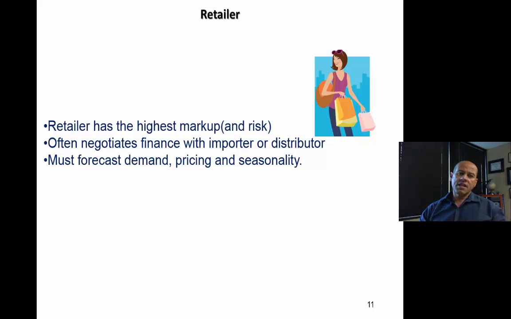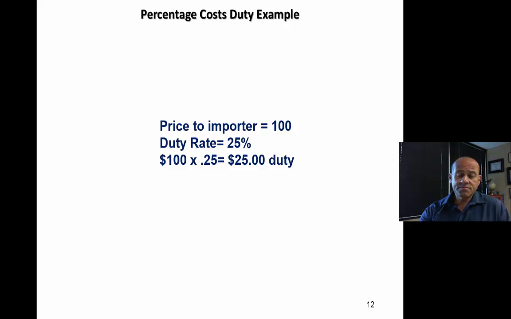So now let's look at a couple critical calculations that you have to get familiar with in order to calculate an accurate landed cost. And the first one is a simple percentage. Whenever you're doing a landed cost, it's important to be able to calculate duties and taxes. Now there's different types of calculations depending upon how duty is assessed, but the most common is a simple duty calculation.